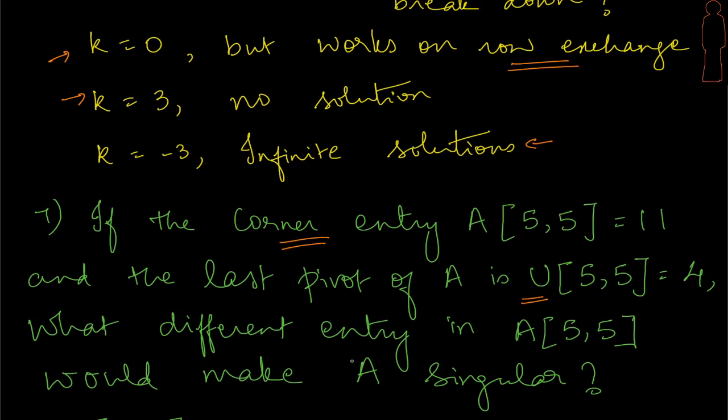Okay, and the question says, what is the different entry in A, original, that can make A singular? What is the point then? We want to make the last pivot disappear, which means that this entry in the upper triangular matrix at 5 5 must go to 0. So that must be our idea.